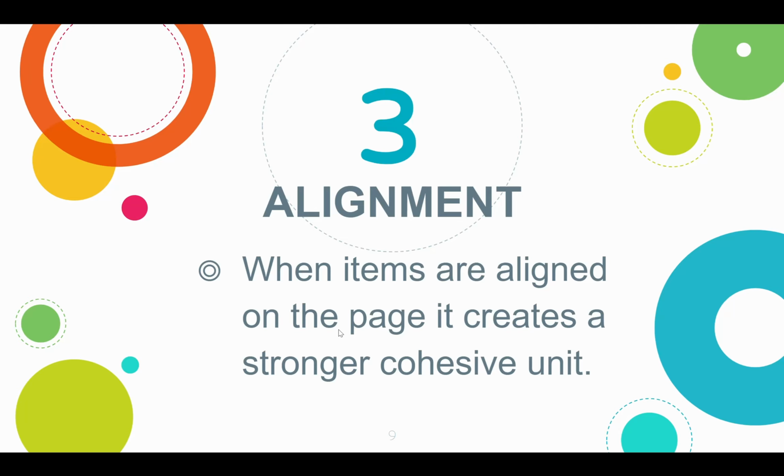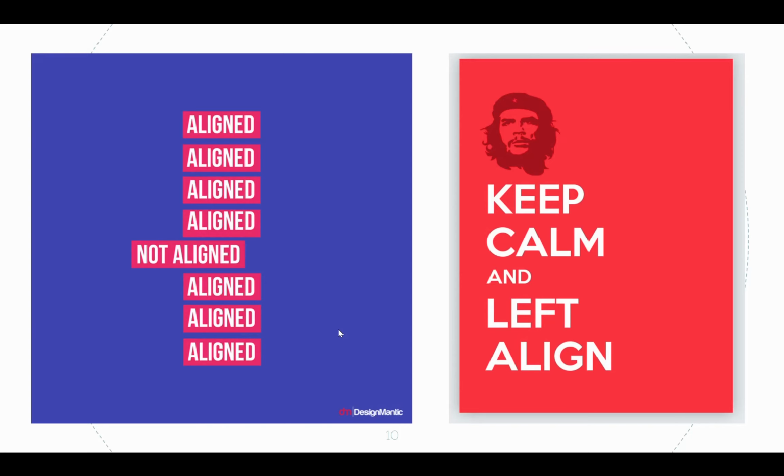On to 2. We're into alignment. When items are aligned on the page, it creates a stronger, cohesive unit, not unlike proximity. Aligned means things are going to be grouped together and have some common thread of where they start. Think of typing a paper in Google Docs: you're either going to left align your text, or center it, or have it on the right-hand side, right aligned.